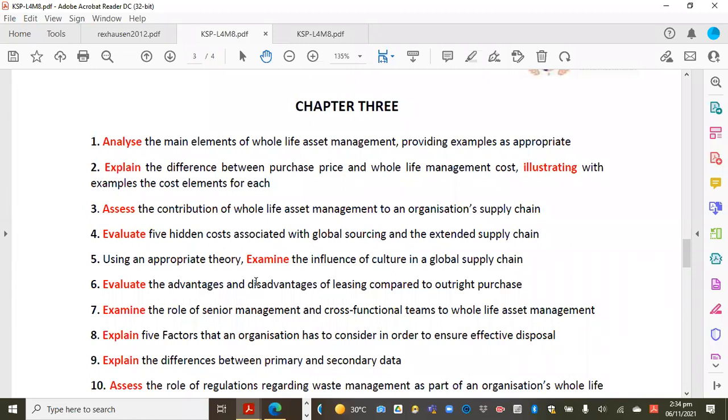Procurement is looking at cost. Finance is looking at the budget. Marketing is looking at the product appeal to the customers. Engineering is looking at the design and all that. These all bring their unique expertise on board to enhance the quality of the whole life asset management project. So that's their contribution.